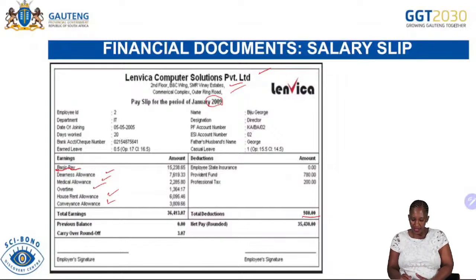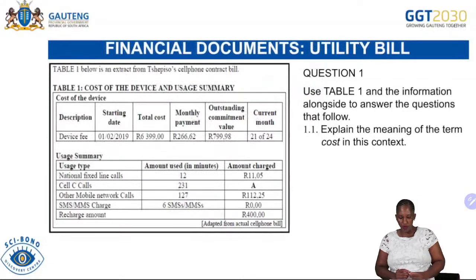And this 980 is taken out of the total earnings, meaning the gross income. From the gross income, they subtract the deductions, and the net pay, which is the net income, the take-home money, will be 35,430. Now, boys and girls, I hope you understood all the documents.